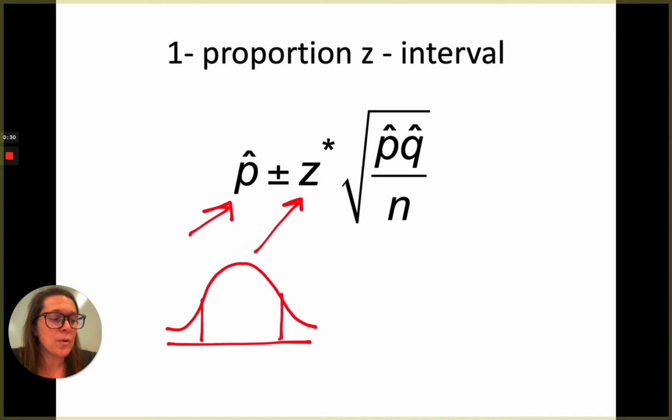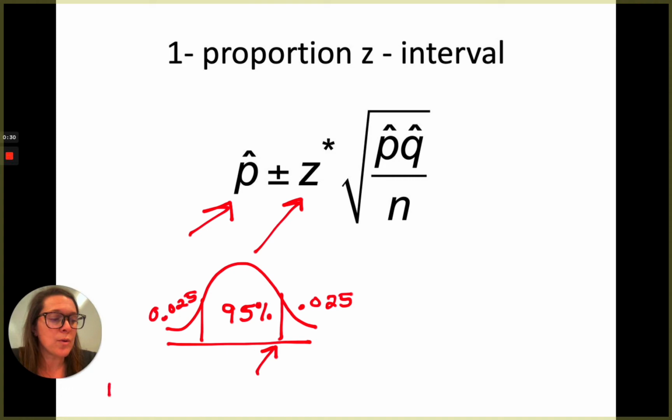Remember, if we're doing a 95% confidence interval, you need to figure out how many standard deviations away from the mean. So your upper and your lower tails are at 2.5%, right? So 0.025.